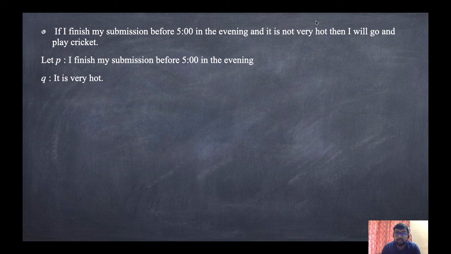Again, it is "not very hot", but whenever we take symbols, we take them in a positive manner, that means it is very hot. Next one, R, I will go, and last, S, play cricket. That means I will play cricket. So all we have to do is just combine these P, Q, R, S in symbolic form. So what will be the symbolic form?